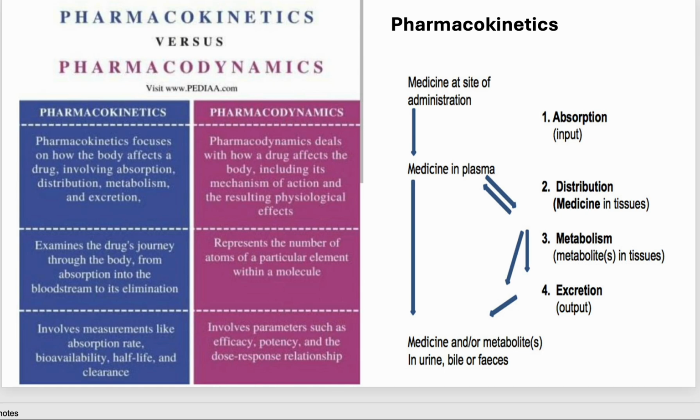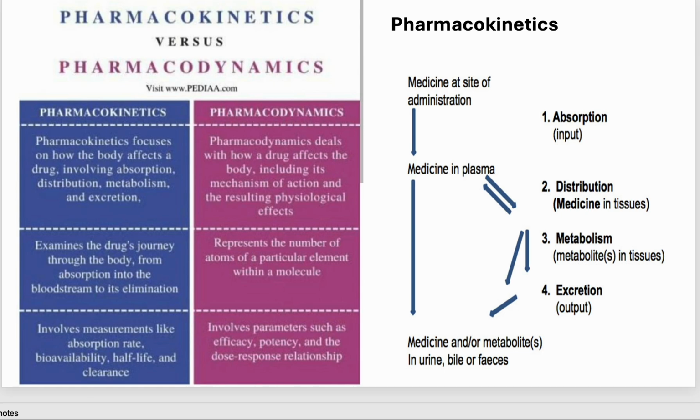Pharmacodynamics: again, pharma means drug and dynamics means power. It's what the drug does to our body. It's the study of the biochemical and physiological effects of a drug and their mechanism of action at organ, subcellular, or macromolecular levels. Pharmacodynamics deals with how the drug affects the body, including its mechanism of action and resulting physiological effects.